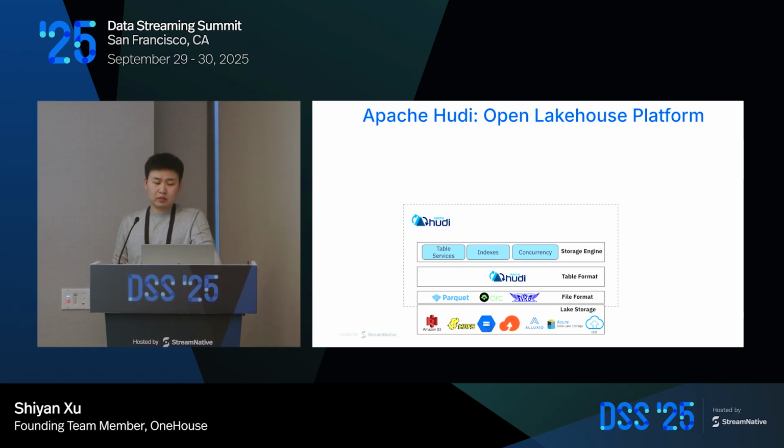Or it can be optimizing a SQL query that contains predicates so that you can skip files and get results efficiently. The storage engine also contains table services, which is about optimizing the table storage. We will cover that in more detail later.